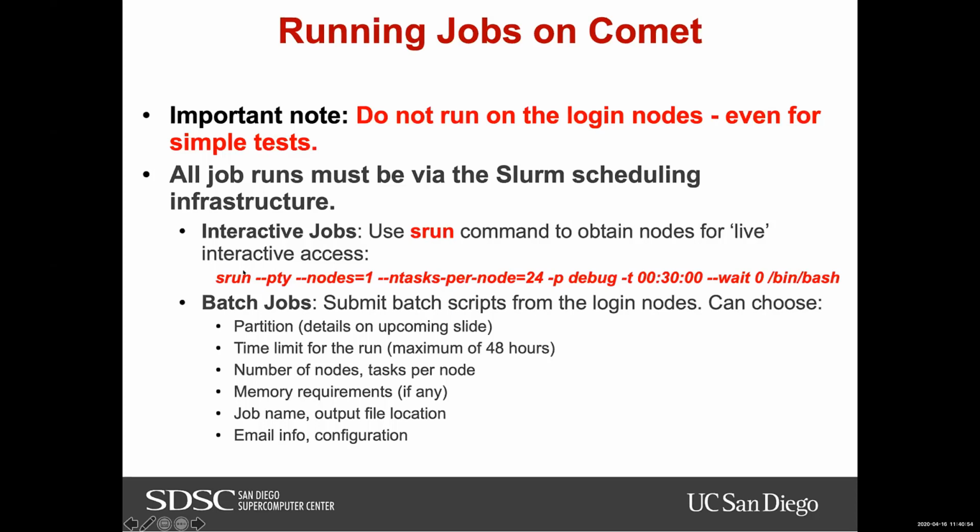But to do an interactive node, what this means is you'll submit a request to the batch queue, and you may have to wait depending on how busy things are, but once the batch queue can find a node that's available for you, one node, two nodes, whatever you need, then you will get back a prompt that shows that you're on a different node, and that's actually your interactive node.